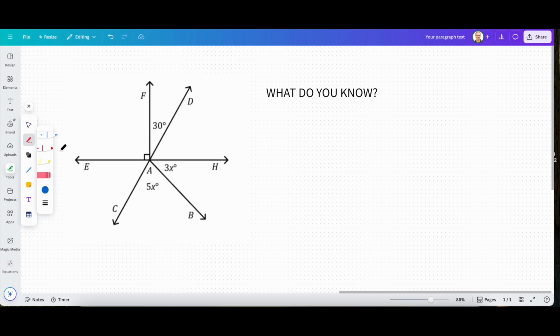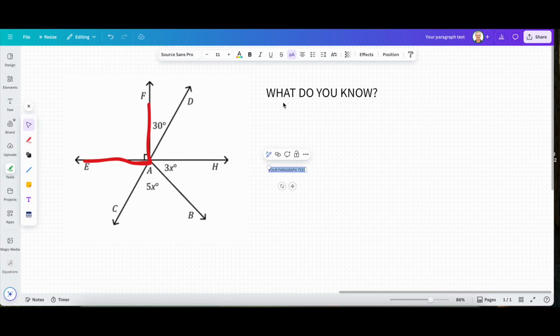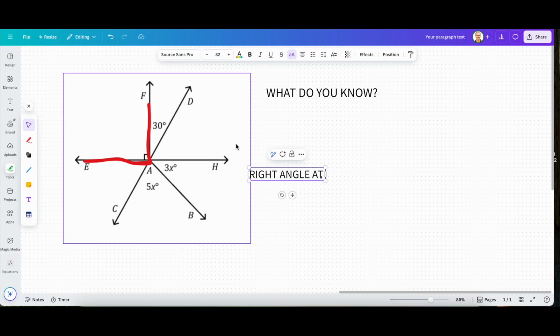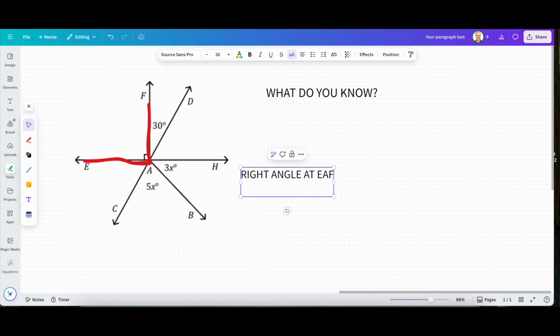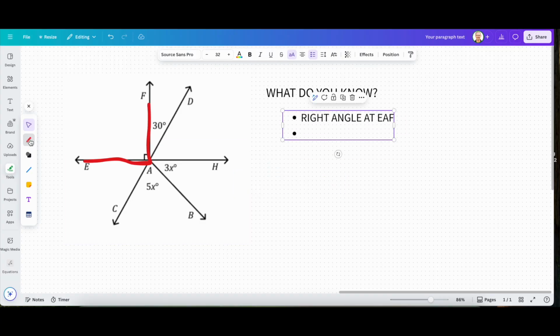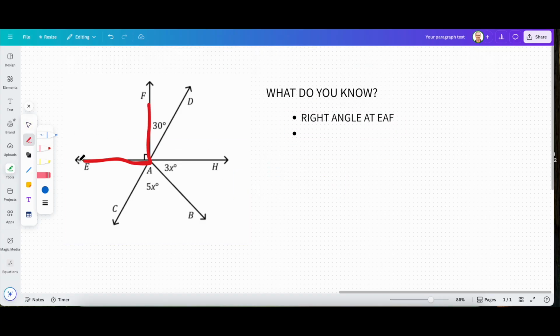So what we do know is we know that we have a right angle right here. Do we know anything else? Think about that for a second. Well, we also know that we have a 180-degree angle here.